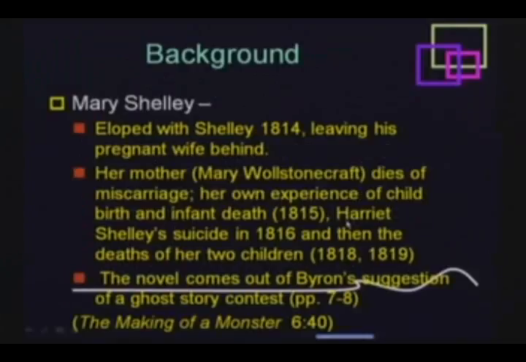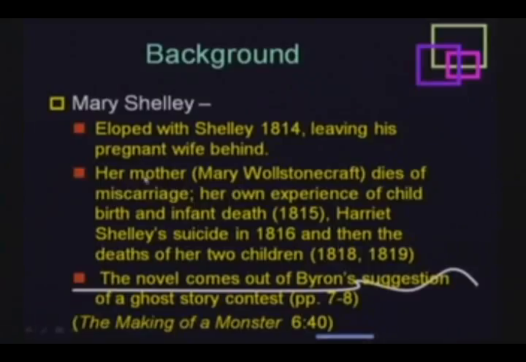Okay. On to the background of Mary Shelley. Yes, I think I've covered most of it. She got pregnant at the age of 16, and she wrote this book at the age of 18, younger than you. It's so amazing, right? Okay, and also the fact that there are so many deaths in her life.